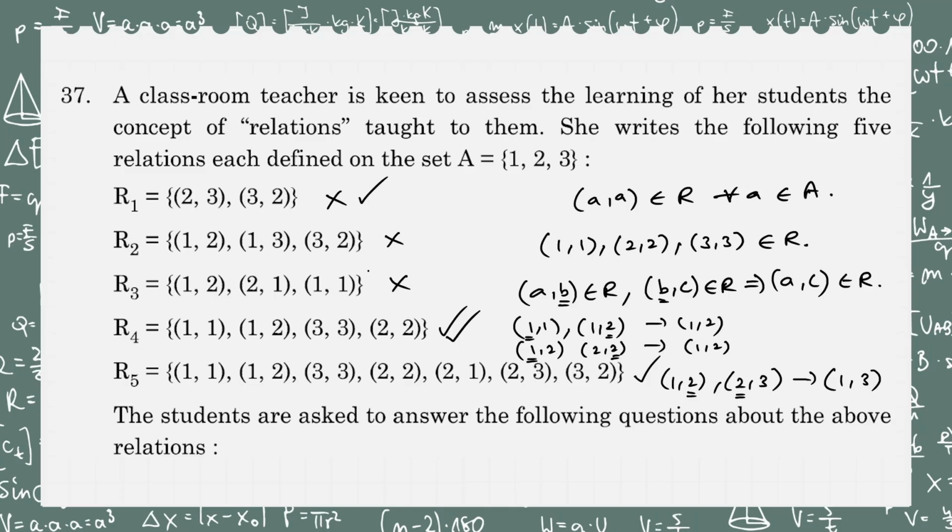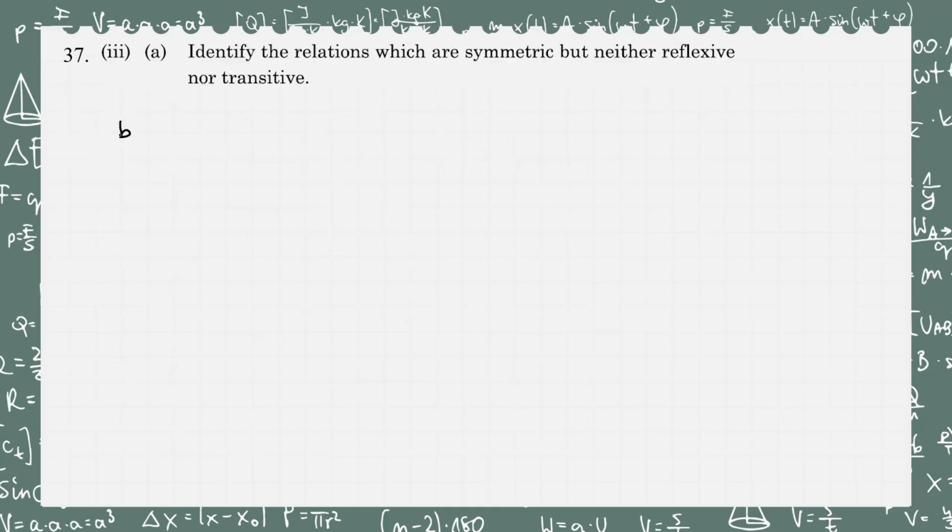So everything is considered. So symmetric property is satisfied by R3 also. So we have to tell this. Both R1 and R3 are symmetric.